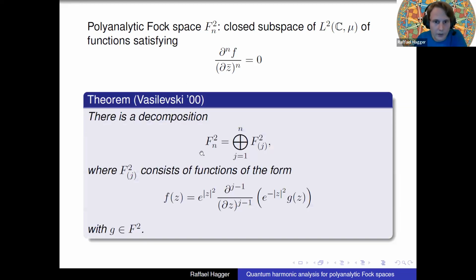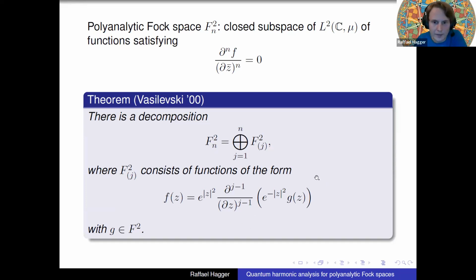And due to a theorem of Nicolai, there is a very nice decomposition of this polyanalytic space into what are called true polyanalytic Fock spaces, which are denoted by F2 of index bracket J, and they can be written explicitly in this form, but this is not going to be very important later on.